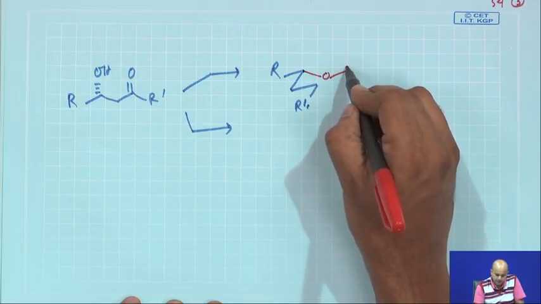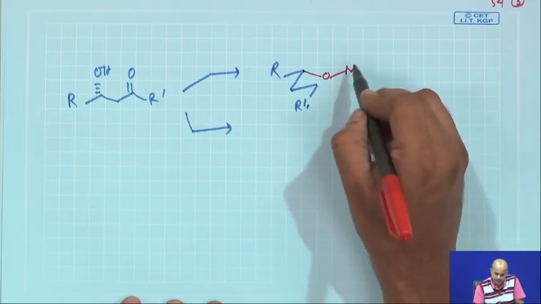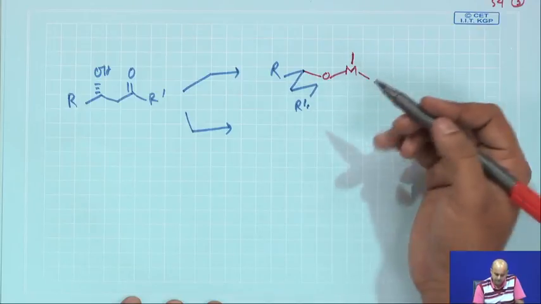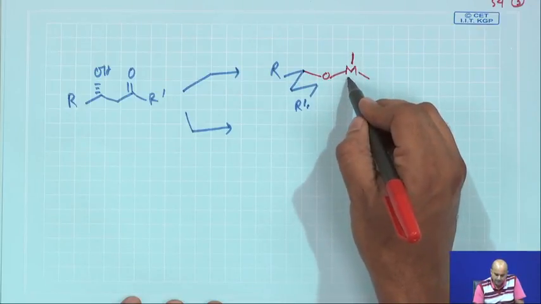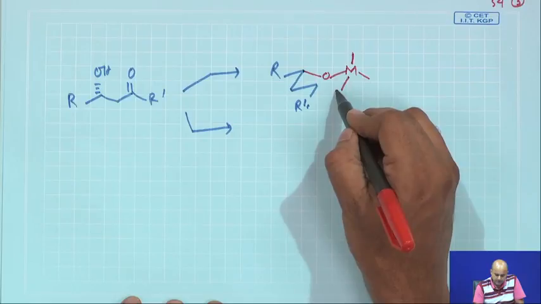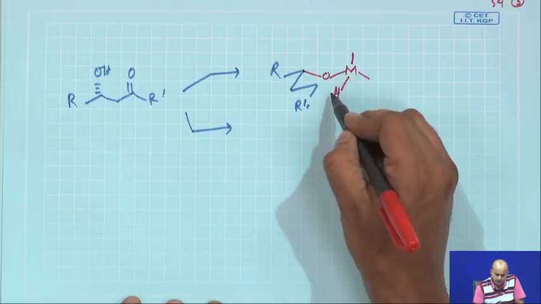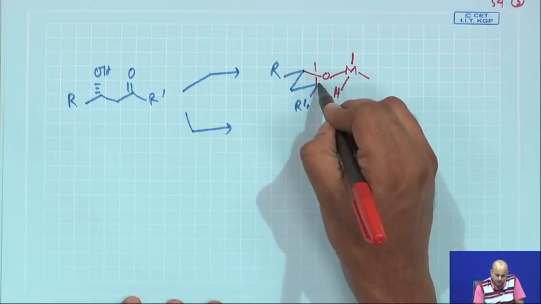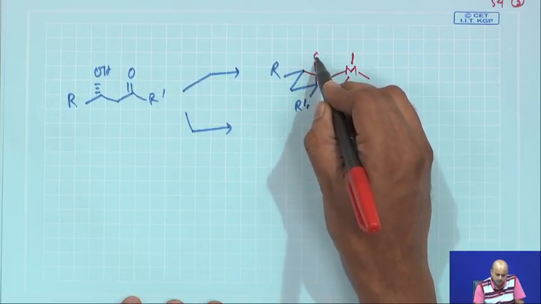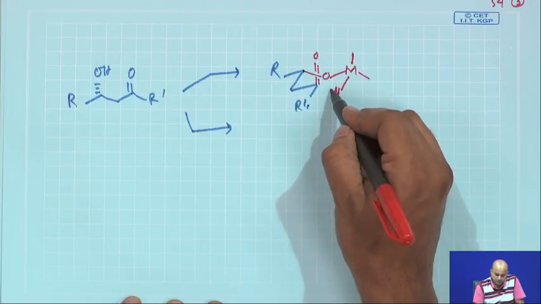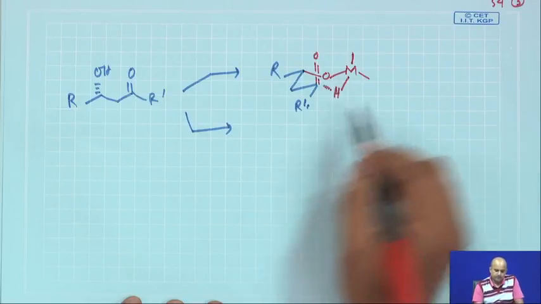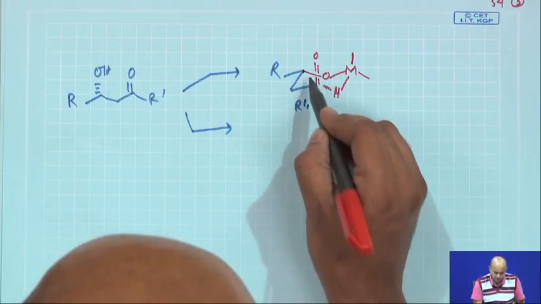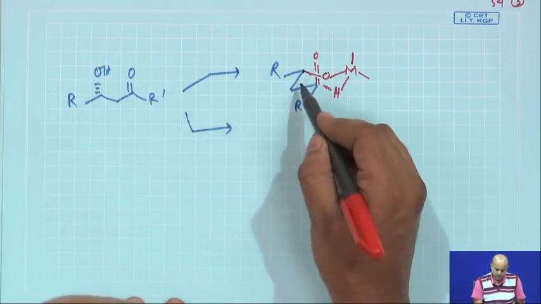If this OH is available for coordination with some reagent, which we will simplify later on, and if this reagent has a metal center as well as a hydride, probably this one can give you this. This is the carbonyl.